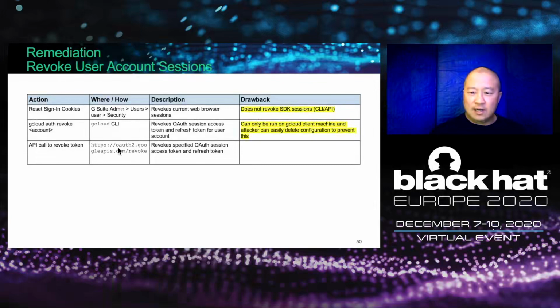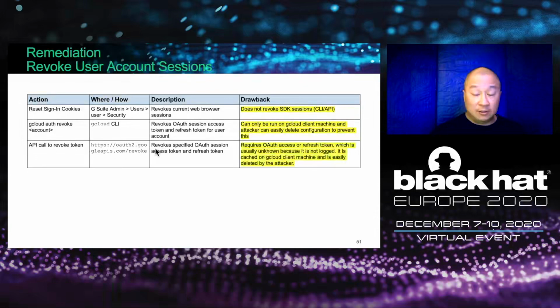It calls the API, which then revokes the session token as well as the refresh token. However, those session tokens only exist on the client machine, which is the victim or compromised machine. And because it's compromised, we can't trust it. And further, an attacker can easily manipulate that and delete that token entry, preventing remediation using this path.